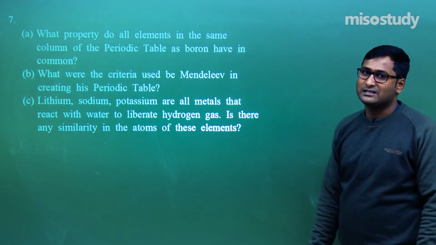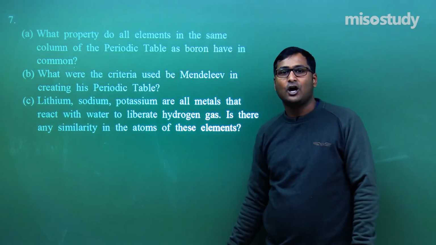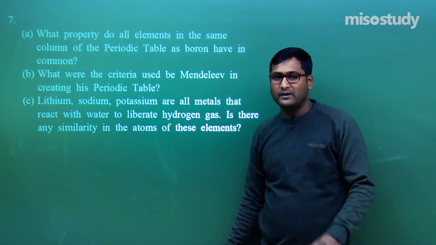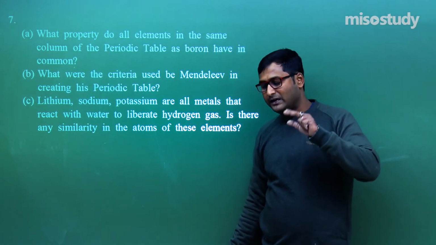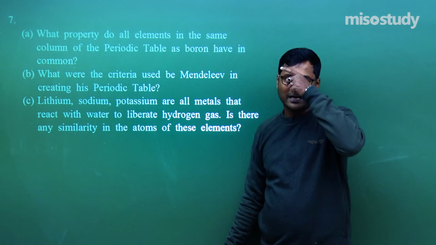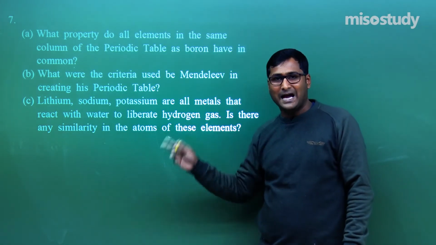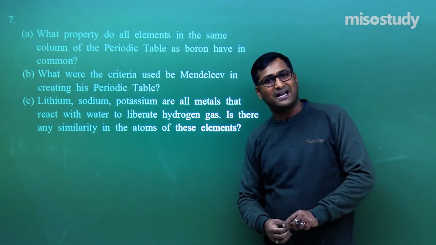For this, he took the oxides and hydrides of different elements. If two elements have similar formulas of oxide and hydride, they are grouped together. So the basis was atomic mass and the formulas of oxides and hydrides.